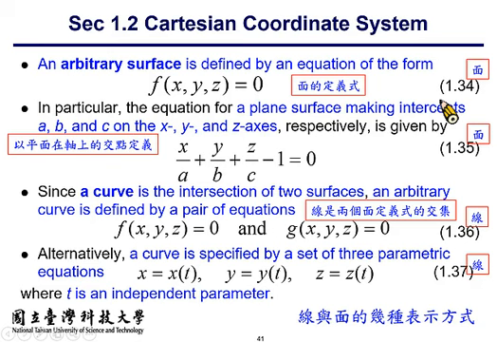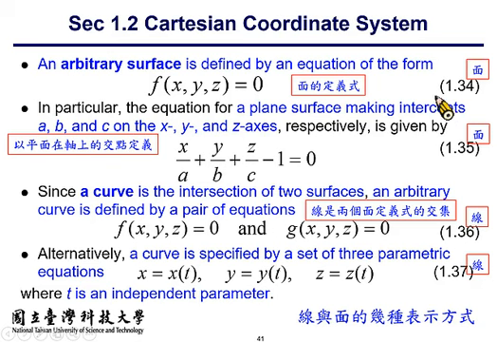And equation 1.36 helps you to define what? 1.36 has 2 equations. The 2 equations describe an arbitrary line, because 1 equation gives you a surface, and 2 equations, the intersection of 2 surfaces, is a line, a curve.